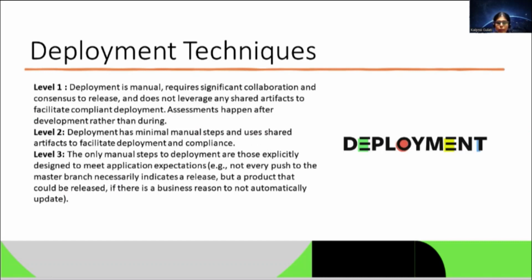Then comes the deployment technique. Deployment is manual as of now in many organizations. However, now I've seen many teams are moving towards automatic CI/CD processes. There has to be minimal manual steps and shared artifacts through emails or anything to ensure that the deployment is one click. The ideal approach should be the only manual step to deployment are those explicitly designed to meet the application expectations, right?